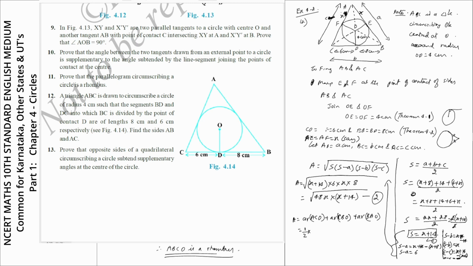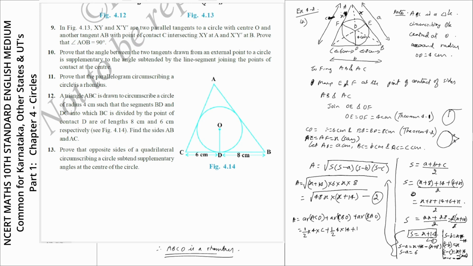FO is the radius which is perpendicular, that is the height. So half into 4 into base C, plus area of triangle CBO, half base into height. Height is 4, base is 6 plus 8. CB is the base. 6 plus 8 is 14.